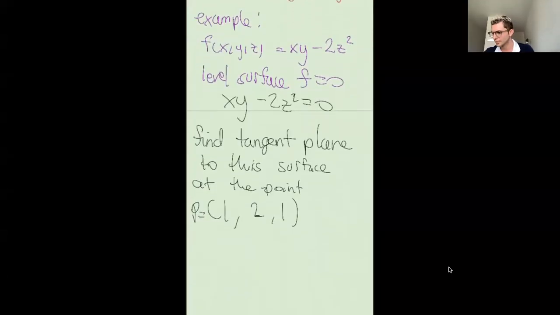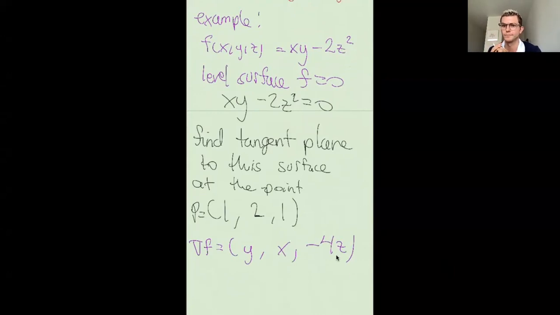Right. The only thing that you need to do is find the gradient. So what's the gradient of f? The gradient of f is y, x, minus 4z. Is that making sense? Because it's the partial with respect to x, then the partial with respect to y, and then the partial with respect to z. And that's what you get.